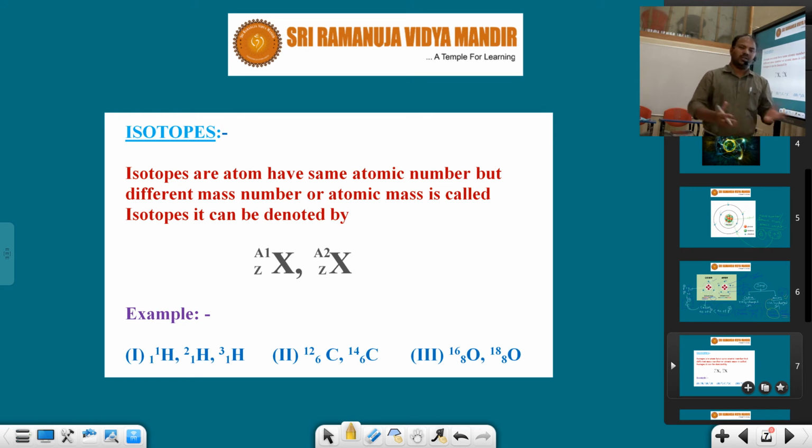their physical properties. What are the physical properties? Melting point, boiling point, density, dipole moment, refractive index, all these are physical properties.